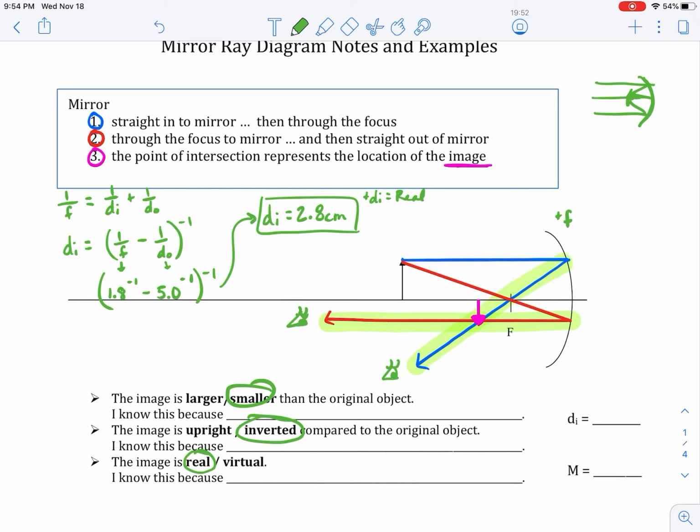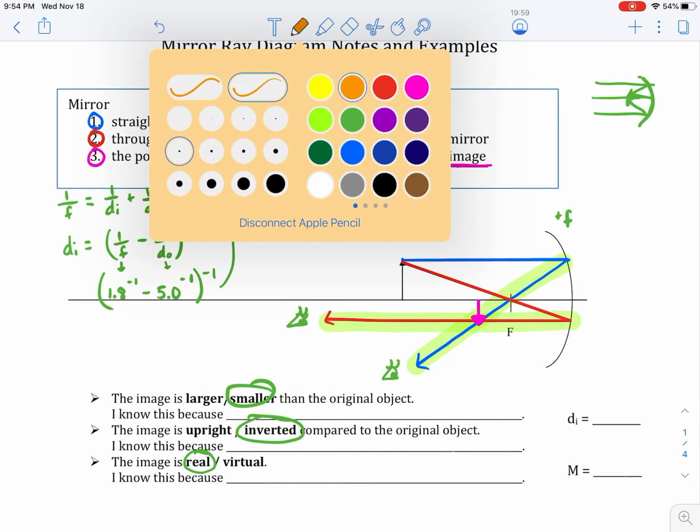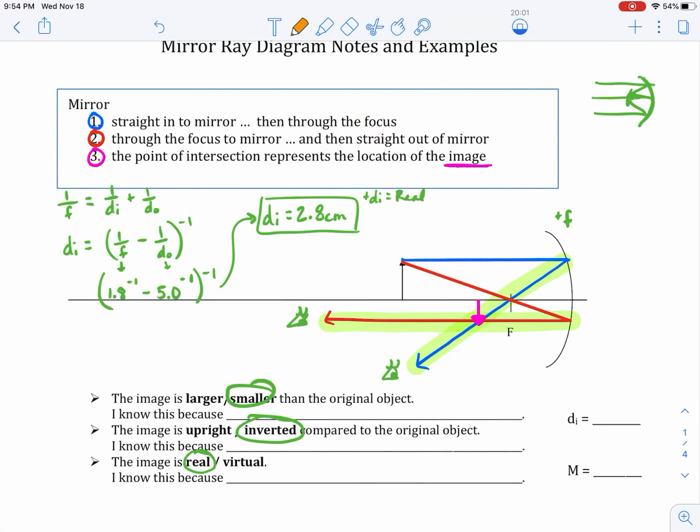Now you are also being asked to calculate the magnification. We are going to choose to use the negative DI over DO. If you wanted to, you could use the height ratio to get the magnification, but we're going to go with DI over DO so that we can also get a positive or negative, so that we can interpret whether it's enlarged or reduced, as well as whether it's inverted or upright.